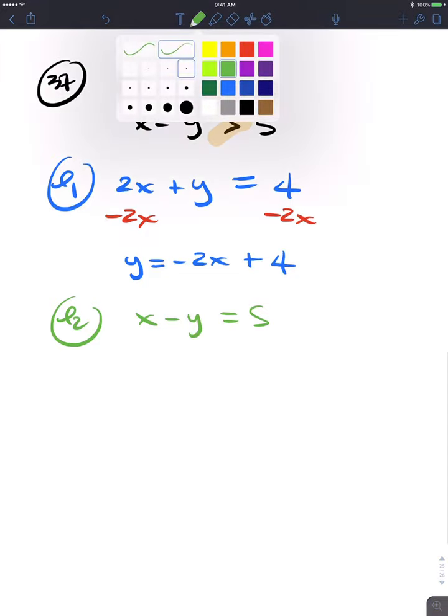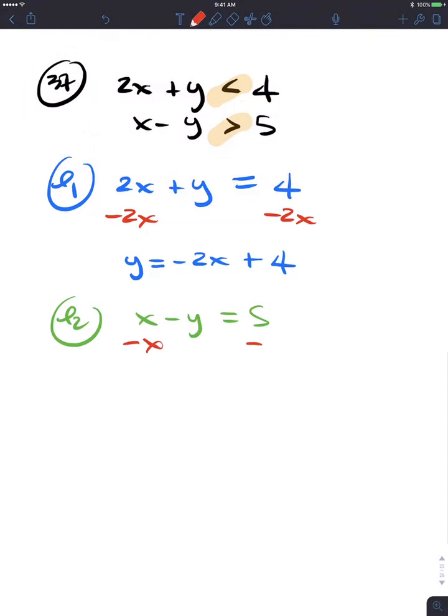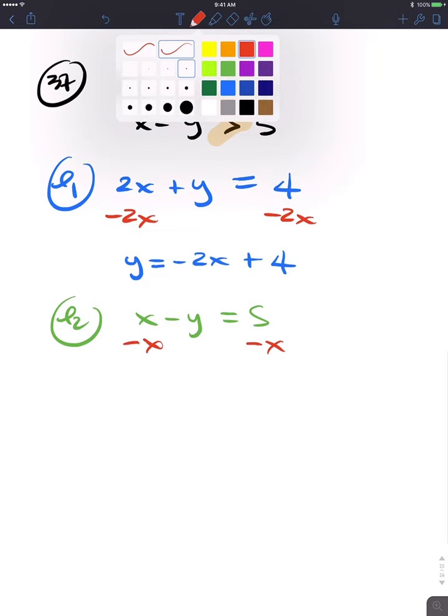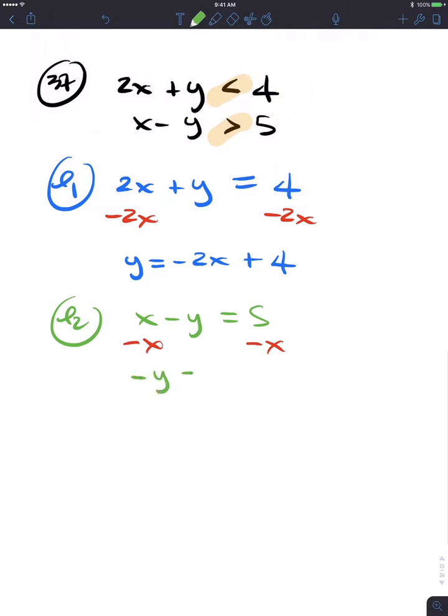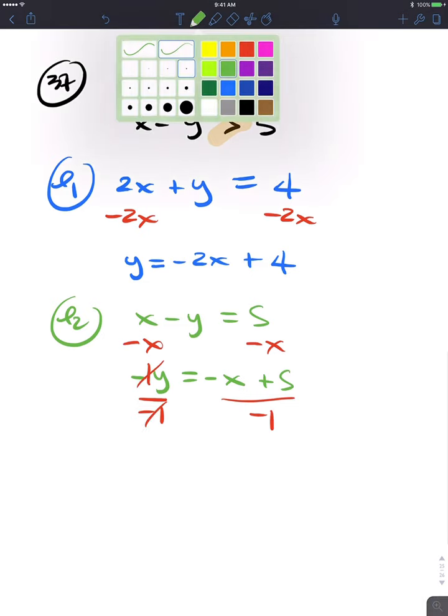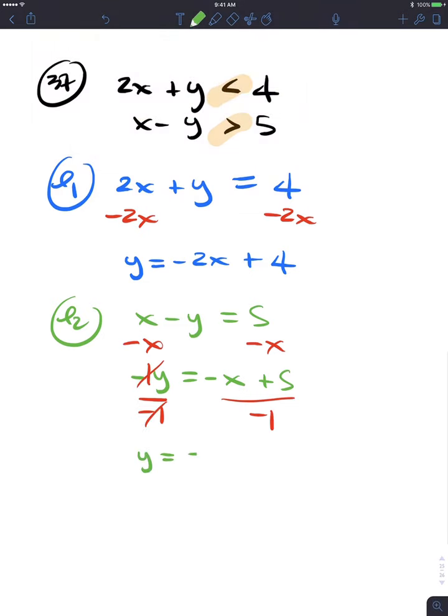Solve this. We have -x minus y. Negative y is -x plus 5. Divide by -1 to both sides. See what we get. Y equals -x over -1 plus 5 over -1, or simply y equals x minus 5. These are the two lines that we're going to graph.